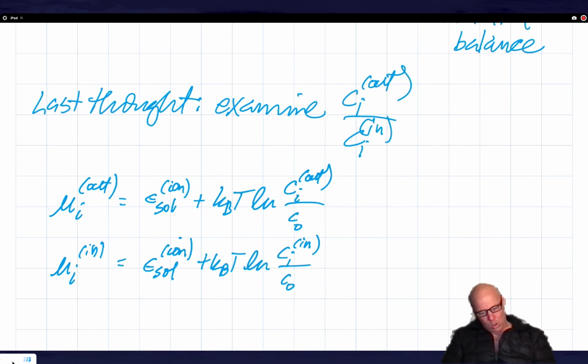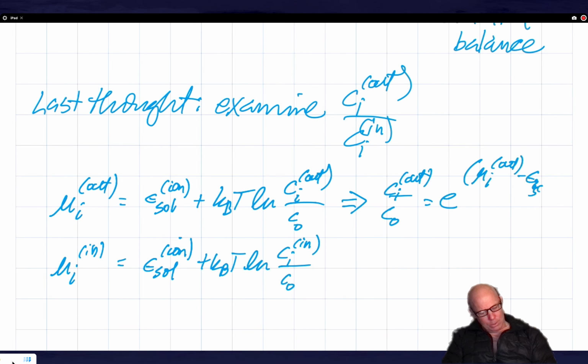And so this can be used to show me that c_ion out over c naught is equal to e to the mu_ion out minus epsilon solution ion, all divided by kBT.